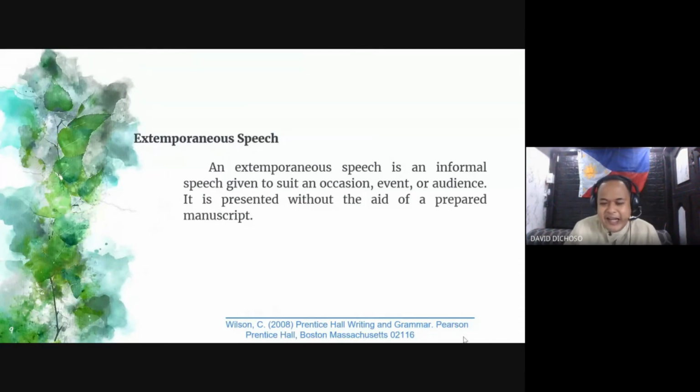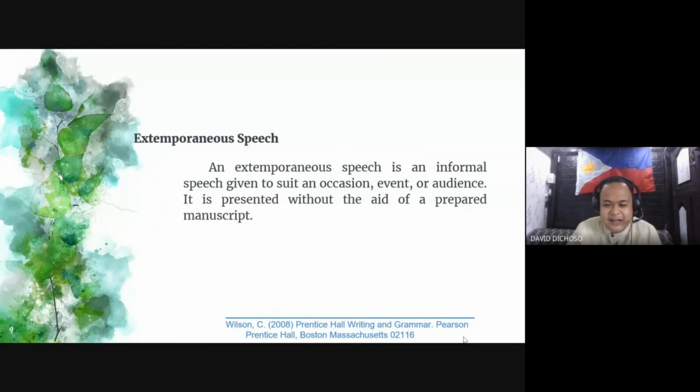But in the real scenario, extemporaneous speech is a form of informal speech that is given to somebody to talk during specific occasions. Example, when you attend a debut or when you attend a birthday party and the celebrant or the member of the family of the celebrant would ask you to deliver a speech, that is a form of extemporaneous speech.